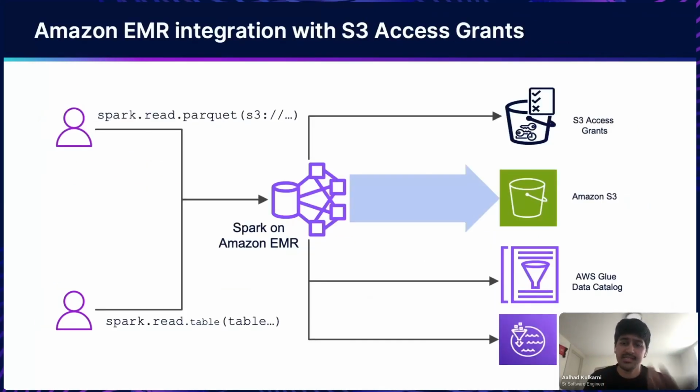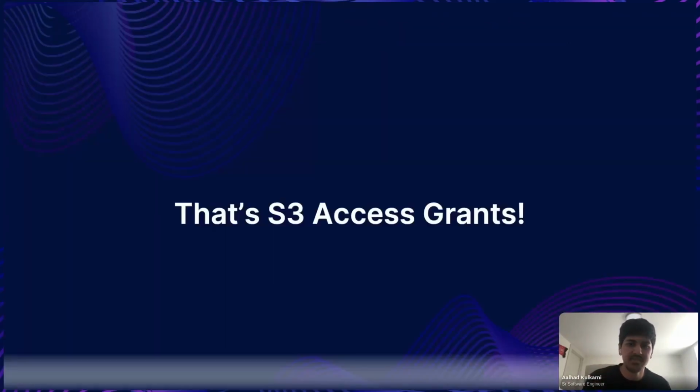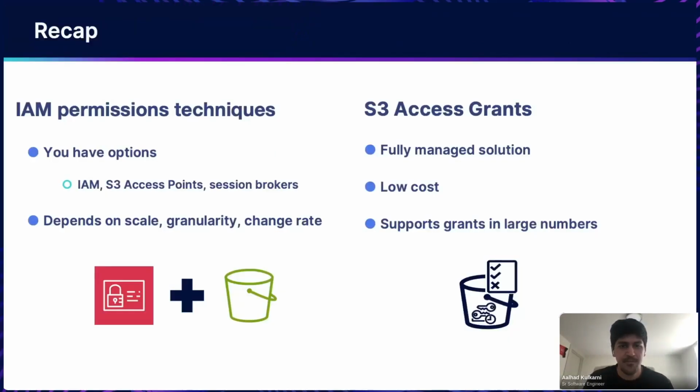So in, let's say, an EMR use case, if you do spark.read.parquet, you're reading unstructured data, EMR will go to Access Grants, get credentials, and talk to the S3 bucket. If you do spark.read.table, you'll go to EMR and EMR will go to Lake Formation instead and go talk to S3. That's all for S3 Access Grants.